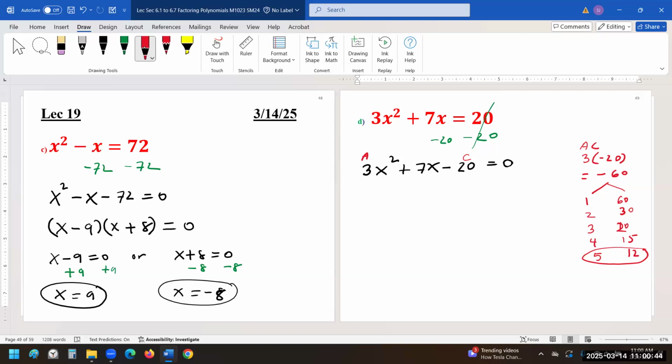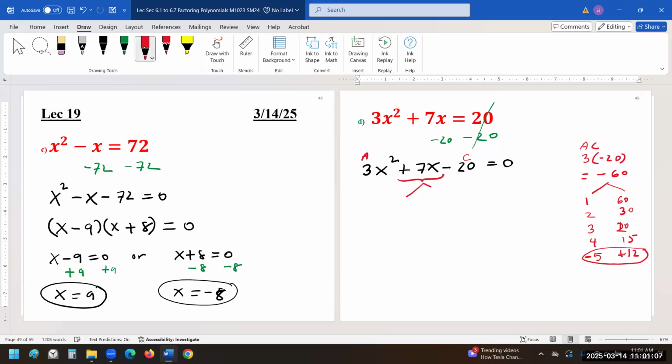Now you have to decide their signs. Between 5 and 12, which one is bigger? 12. So 12 has to get what sign? Positive, because of the middle sign. That means our 5 has to have what sign? Negative, because we want to get 7.